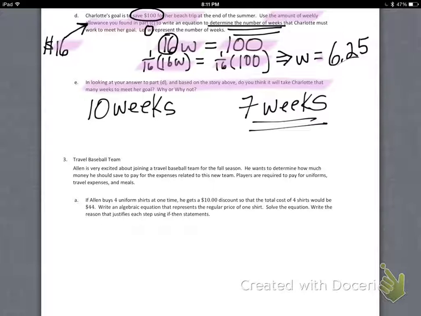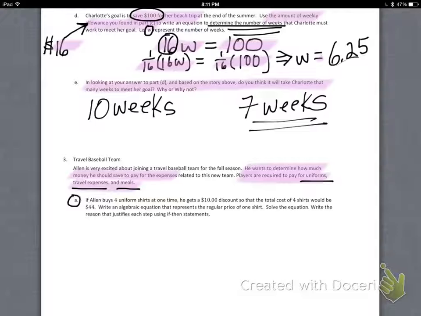He wants to determine how much money he should save to pay for the expenses related to his new team. Players are required to pay for the uniform, travel expenses, and meals, which sounds realistic. That's where we stand.